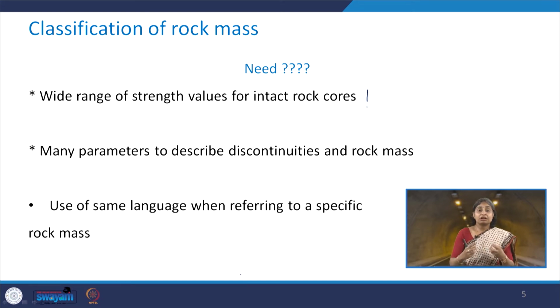So, to define that technical language, we need to know exactly what the various classification systems of the rock mass are. So, these points give us the idea of why we need the classification of the rock mass.